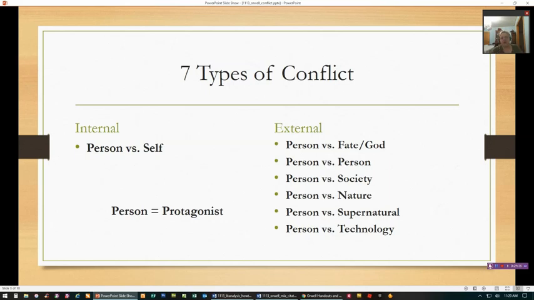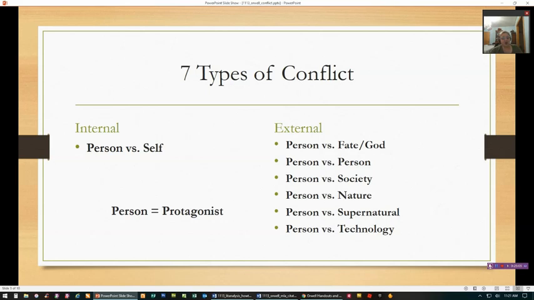It might be person versus society. This is where the person is going up against social rules. That could be law, tradition or culture, right? Society could be represented by a town, a government, a corporation. Sometimes you might even have just one person, but he's not acting as an individual. Instead, he is acting as the representative of the group, right? So that's what's going on in that kind of conflict.